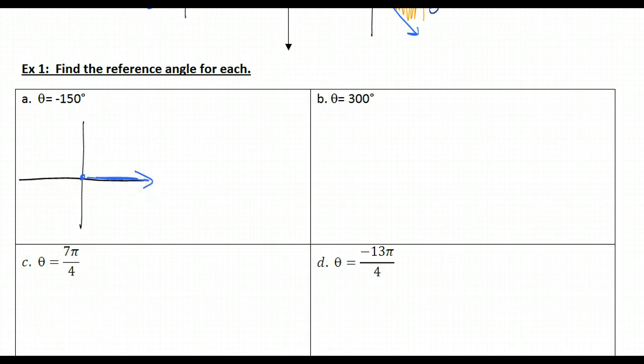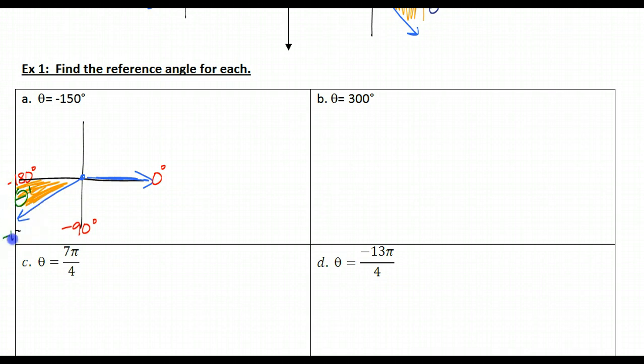Right now I want to do negative 150, and I'm kind of jumping ahead of myself. First step is I want to label appropriately based off of what type of angle I have. In this case I have a negative angle, so I'm going to label in the negative direction. And then in my mind I'm thinking, okay, negative 150, that's in between negative 90 and negative 180, so that's going to be somewhere over here. Now my reference angle again makes a bow tie with the x-axis, so here is where my reference angle is.